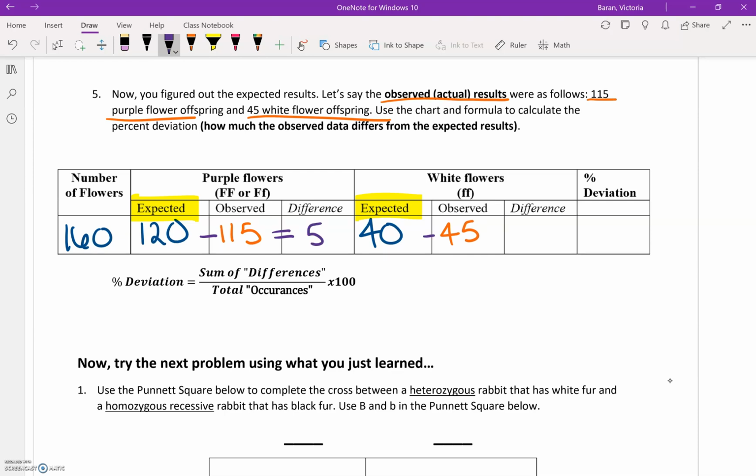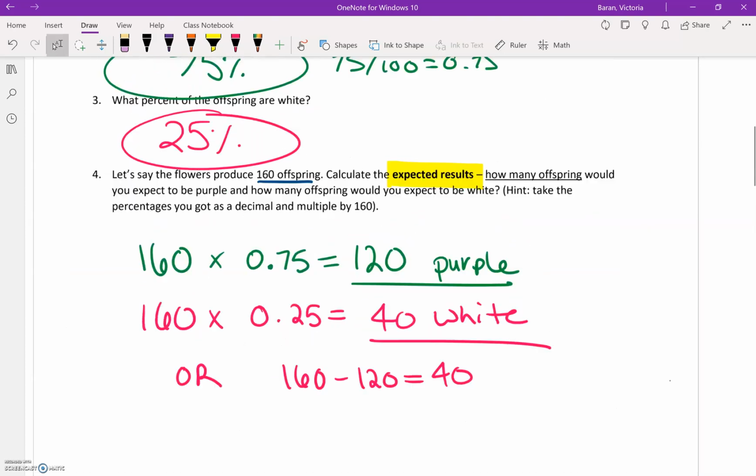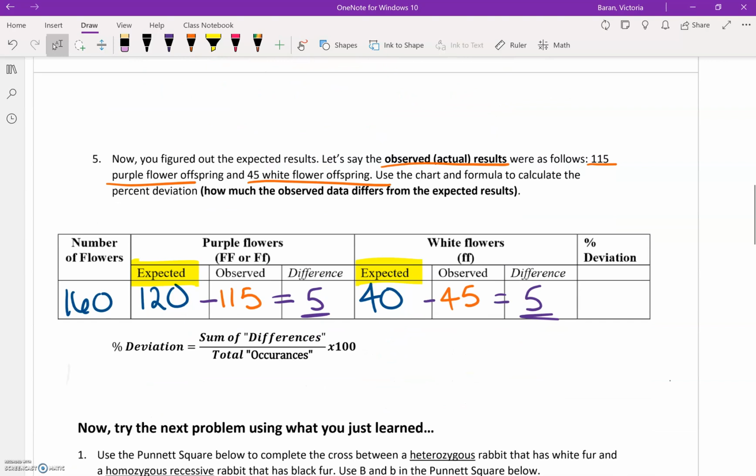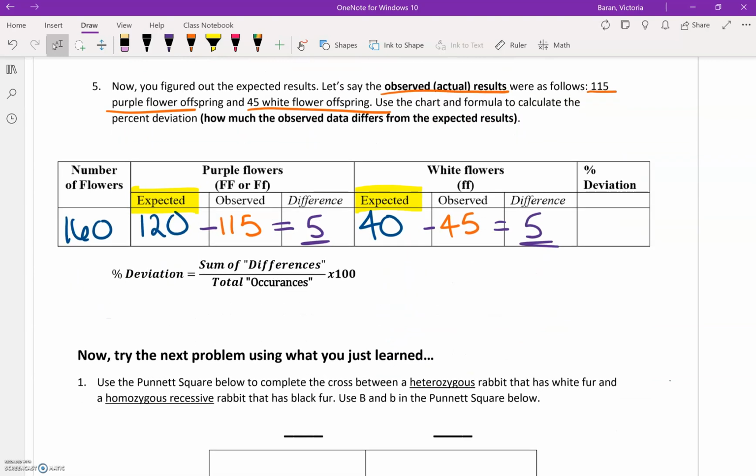And then you're taking the absolute value, okay? You should not have negatives in any of these results. And so the difference between 40 and 45 is also 5. Both of these numbers should actually be the same, okay? If they're not, then that means that you did something wrong, most likely with these calculations here, with your expected.